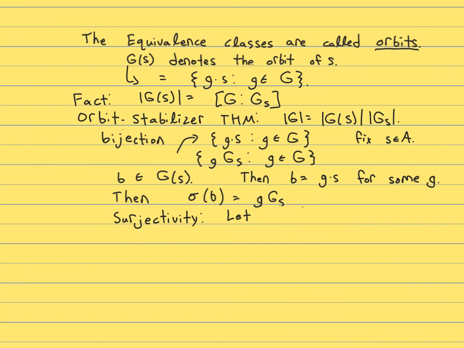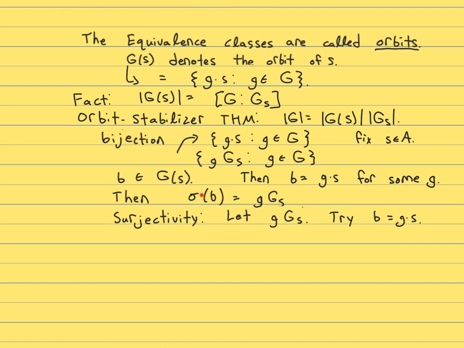Well, let's just take a coset. B is g dot S. Here I suddenly have to note something that might not have been clear.